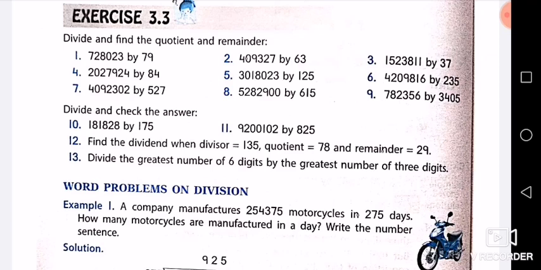So by speaking the table of 8, you will get an idea on which number it will be going, and you will be able to know how we can do this division of 84.